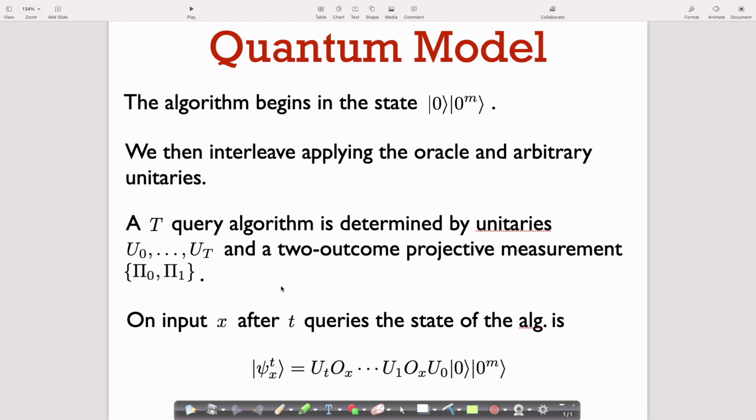So on input X, after you've made little t queries, the state of the algorithm is the following. Again, we start out in the all-0 state, and then we apply a unitary, we apply the oracle, we apply another unitary, etc. This is the state of the algorithm on input X after little t many queries.